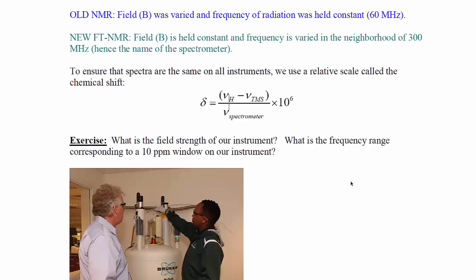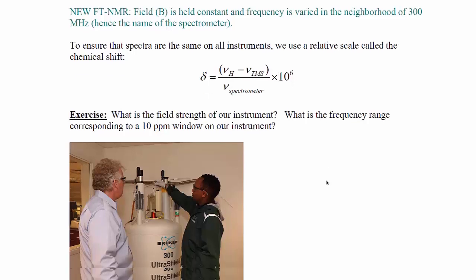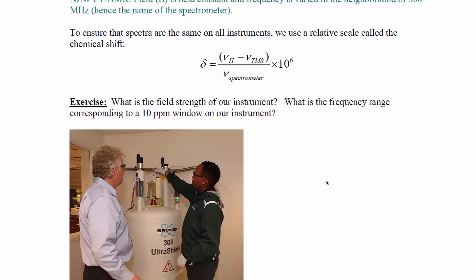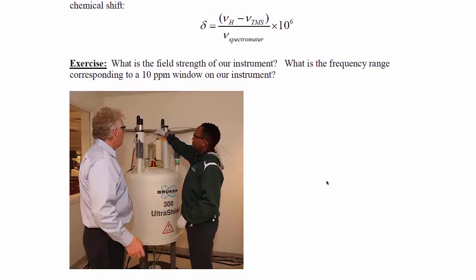So here's a point where you can do a little exercise on your own. What is the field strength of our instrument? And what is the frequency range corresponding to a 10 parts per million window on our instrument? So you want to pause the video and try to work that out. Because we know our instrument is a 300 megahertz instrument, what's the B?